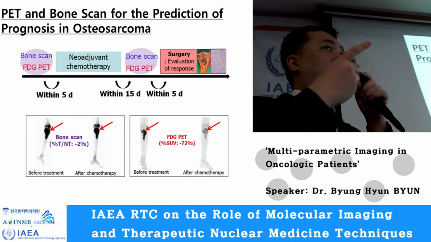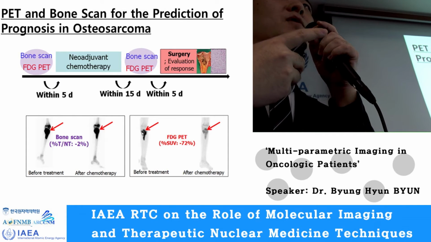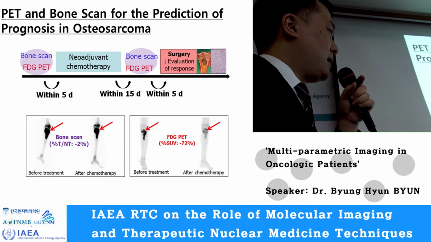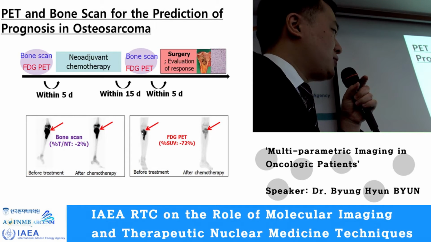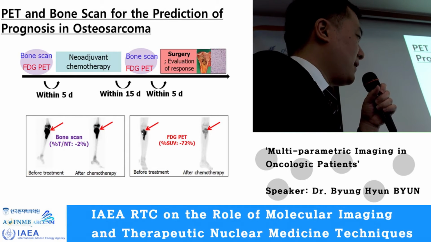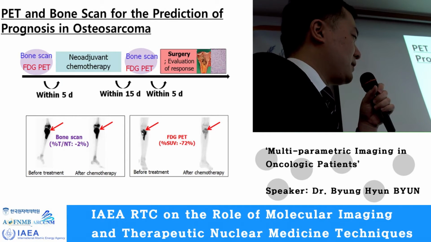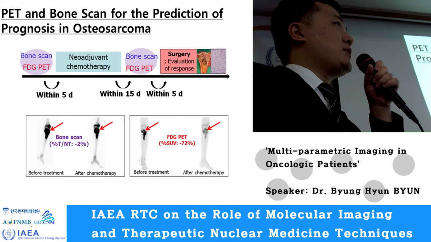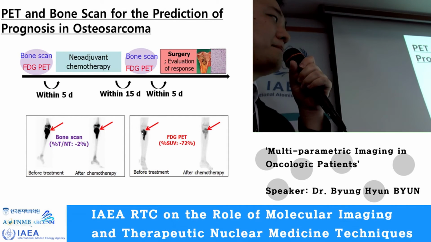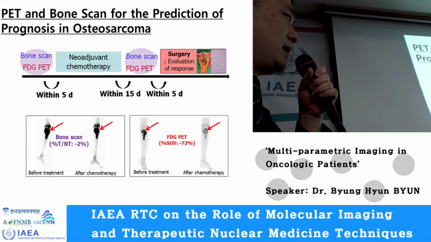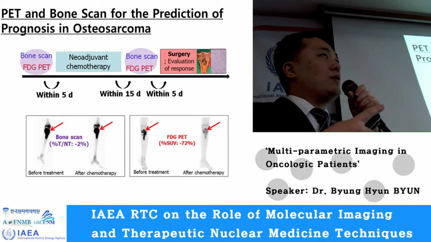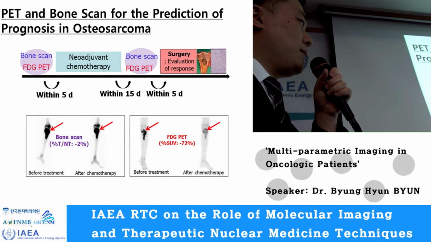We can measure the activity of the tumor by measuring the count in the tumor and the normal tissue. The normal tissue is usually defined as the thigh soft tissue region. So we can calculate the tumor to non-tumor ratio.